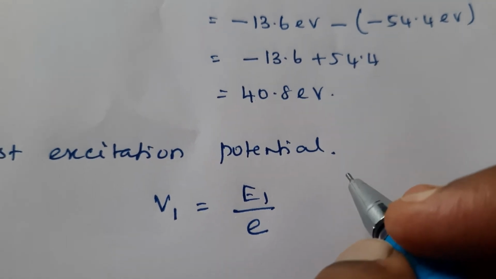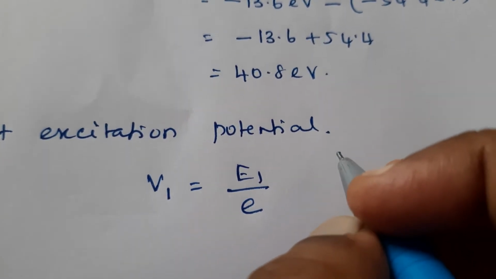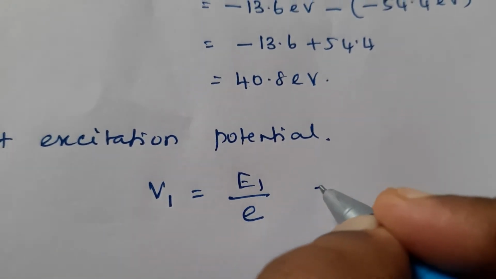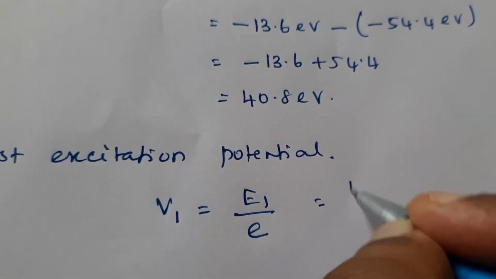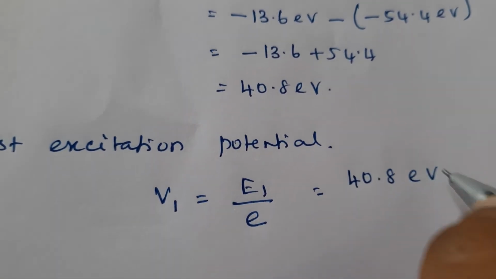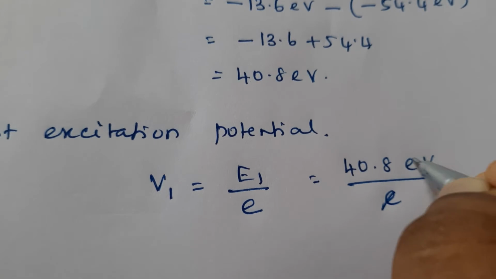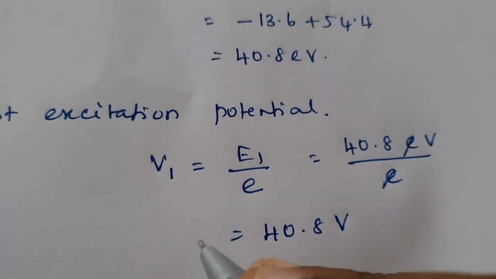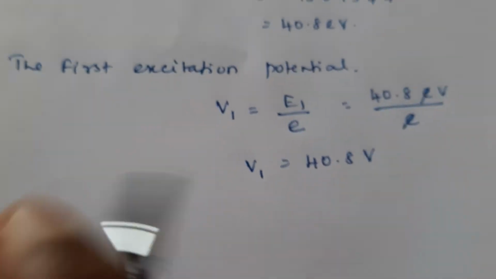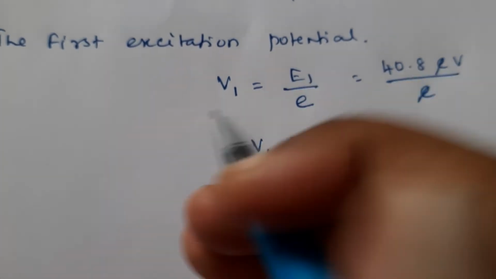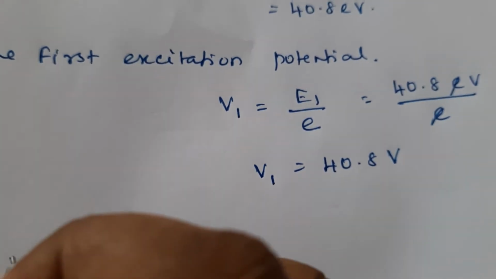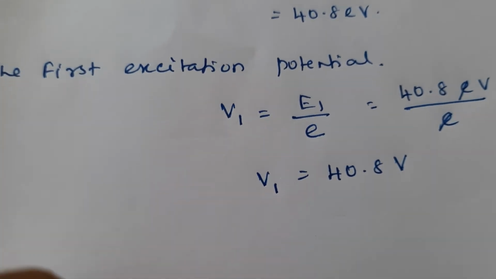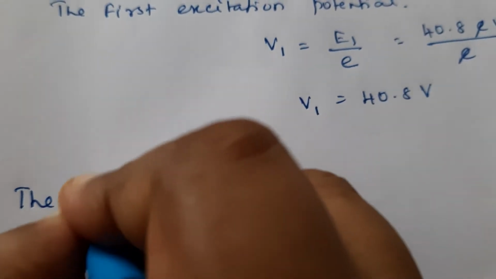Here the energy is given in electron volt, so 40.8 electron volt divided by e. The e and e get cancelled, giving 40.8 volt. Now we have to find the first ionization energy.